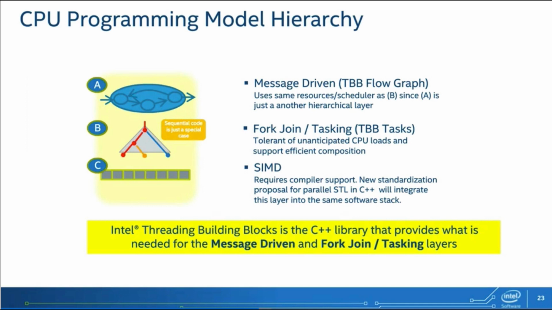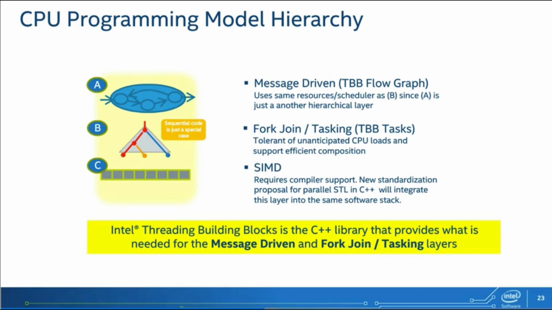Here's just a cursory view of how TBB works. We're going to have more in-depth presentations on threading building blocks through this tech-decoded website in the future. But this is just a quick view of that. This is the C++ library that provides what's needed for message-driven and fork-join tasking layers.